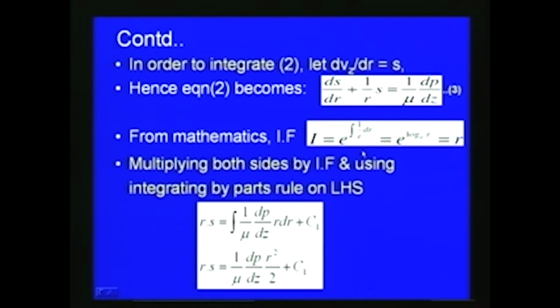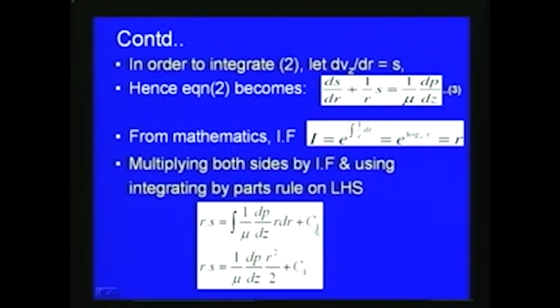So, finally, by multiplying by the integrating factor I is equal to r, and then using integration by parts, we can write equation number 3 as r into s is equal to the integral of 1/mu dp/dz r dr plus C1, where C1 is a constant of integration. Again we can write r s is equal to 1/mu dp/dz r²/2 plus C1.